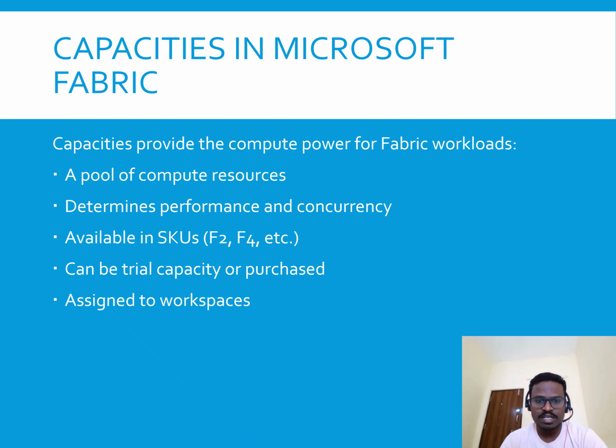You can get a trial capacity for learning purposes, provisioned based on your company or work email address. If you don't have one, you can create an Azure account using your Azure trial subscription so that you can access Microsoft Fabric that way as well.